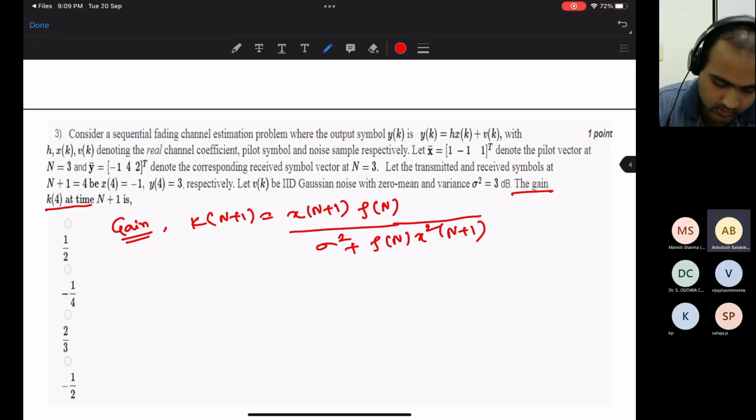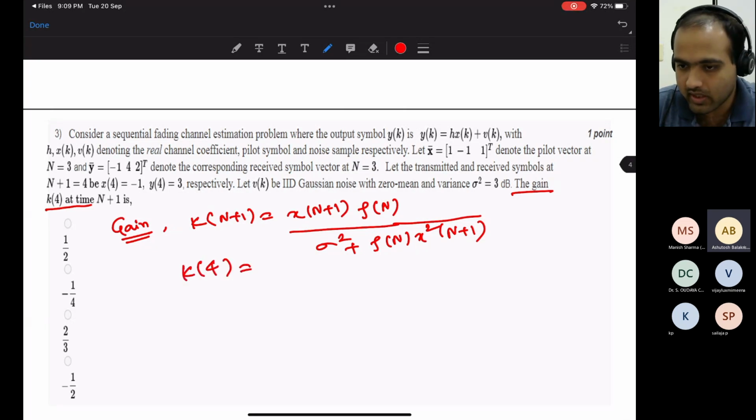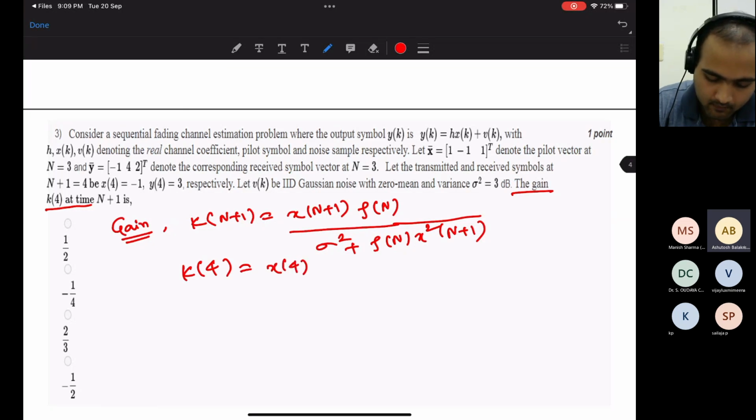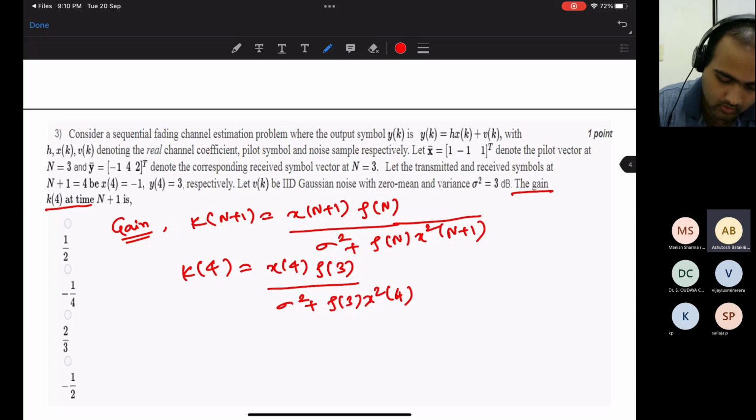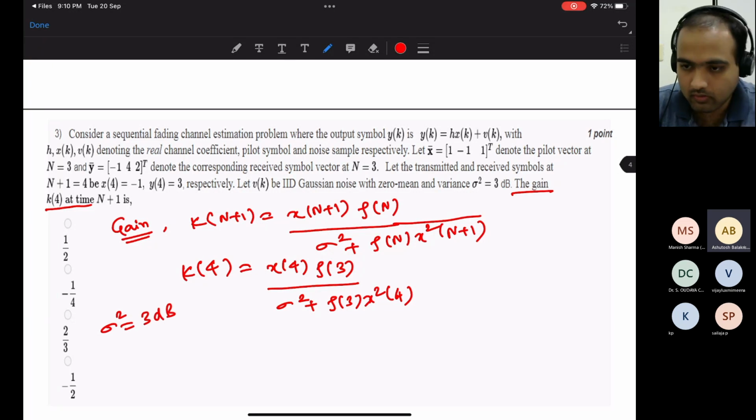So K at 4, that is gain at the 4th instant, will be x4 rho 3 divided by sigma square plus rho 3 times x square 4. Now we are given that sigma square is 3 dB. So we need to convert the variance which is given in dB to watts.